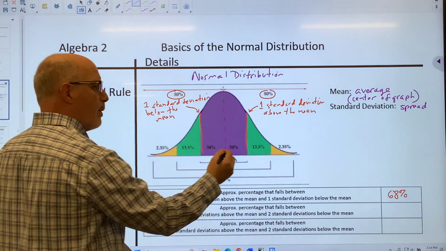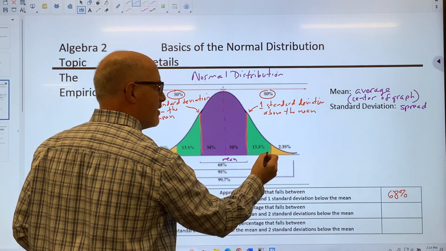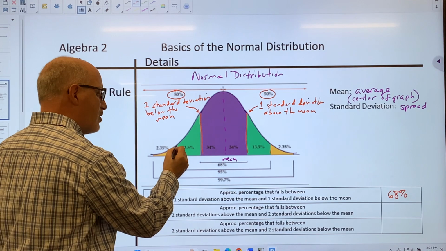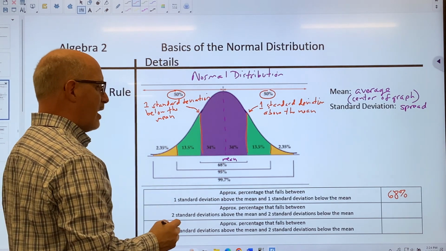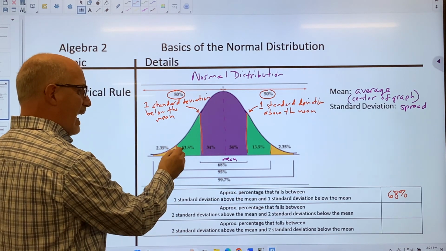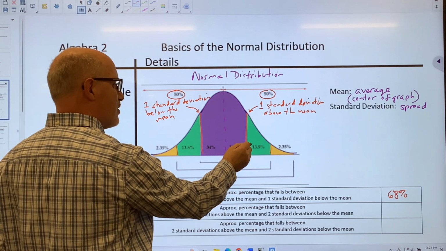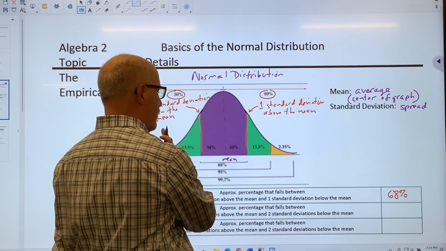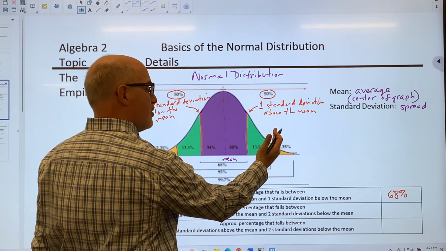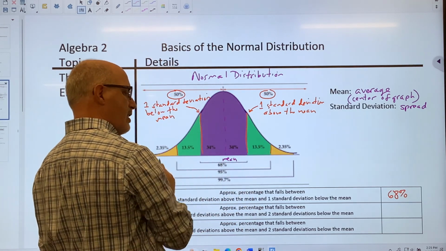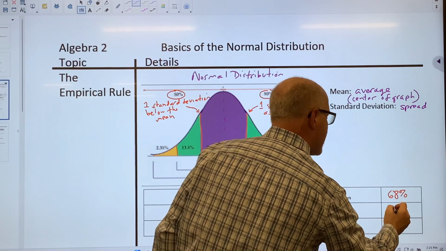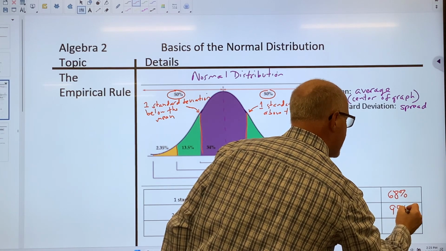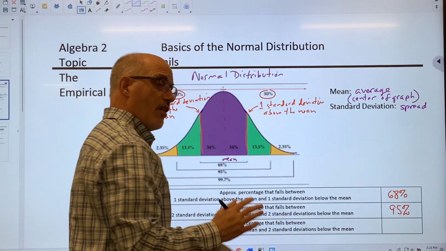If we go out to two standard deviations above and two below, and add up all of these numbers, about 95% of the data will fall between them.